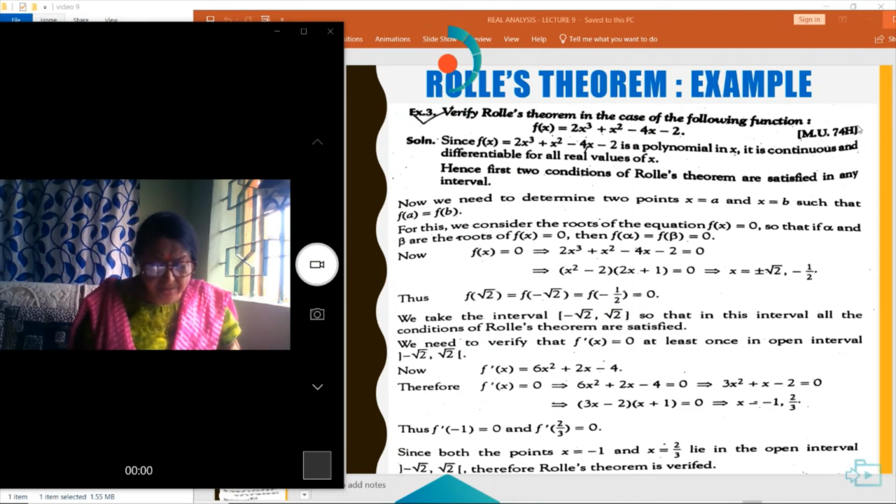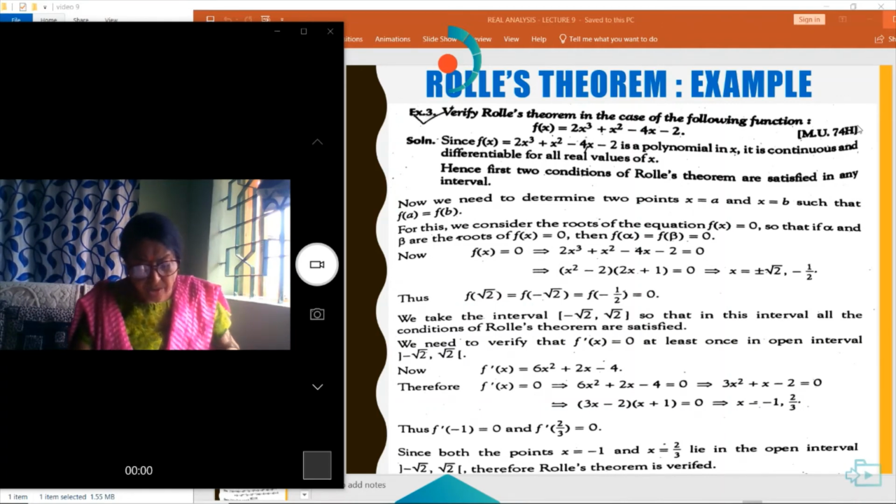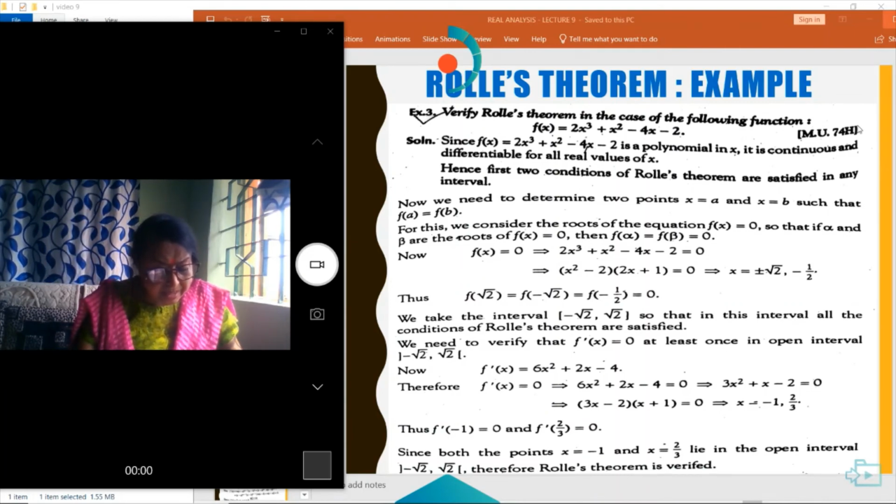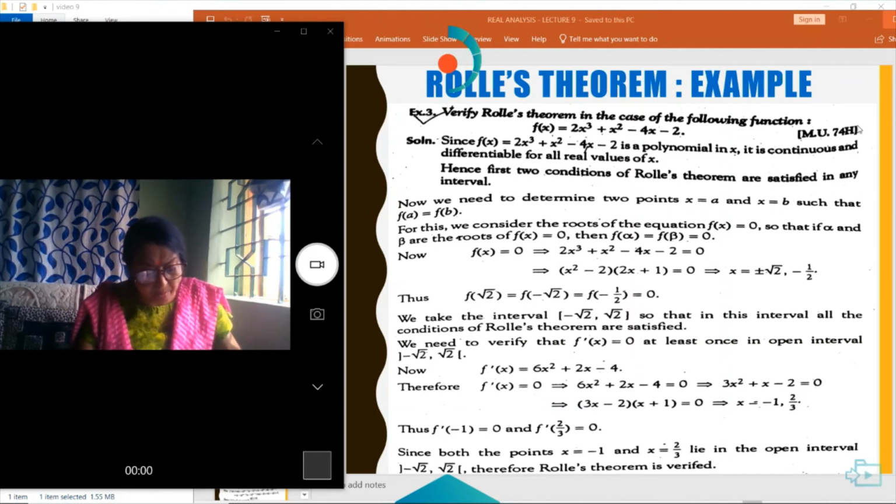And f(root 2) is equal to f(minus root 2) is equal to f(minus half) is equal to 0. So we can take a as any one of these and b as any one of these, and here we take the interval minus root 2 to root 2, so that all the conditions of Rolle's theorem are satisfied. Now we have to verify that f'(x) is equal to 0 at least at one point in minus root 2 to root 2.